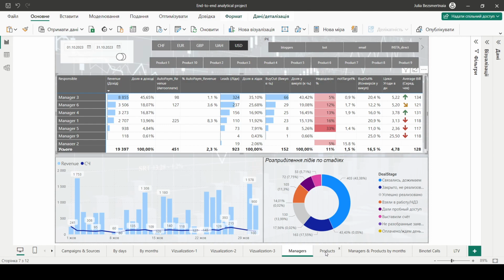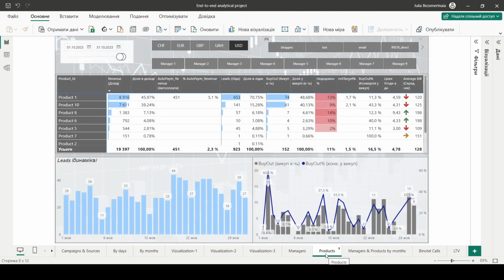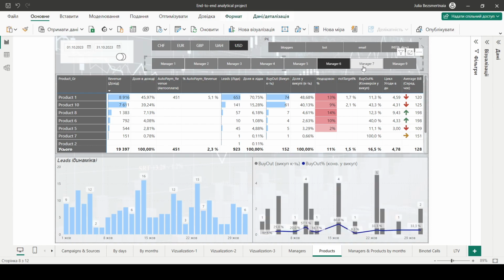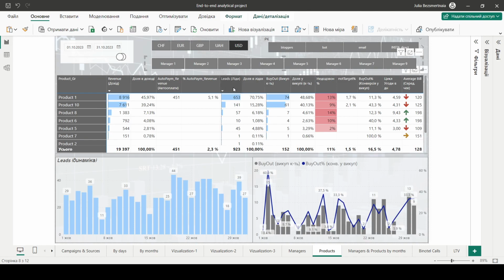Next page is analytics for products, the same structure of pages. We have a filter by managers, and also we have charts with dynamics of leads and buyout and conversion to buyout.